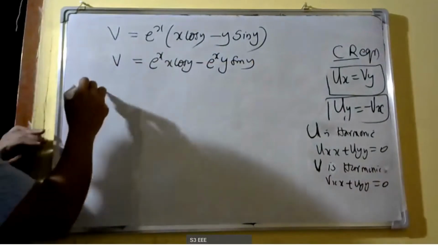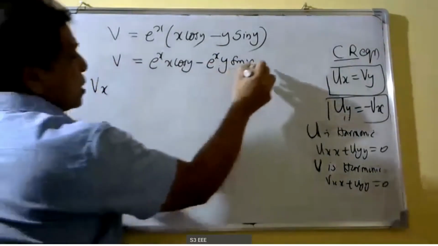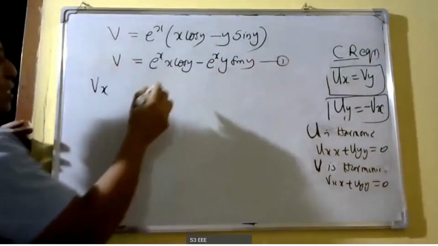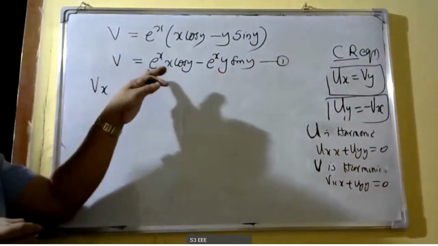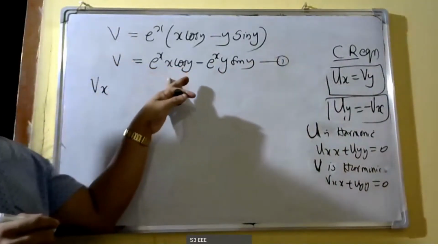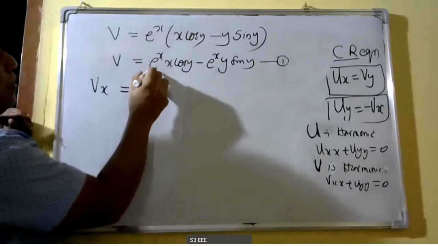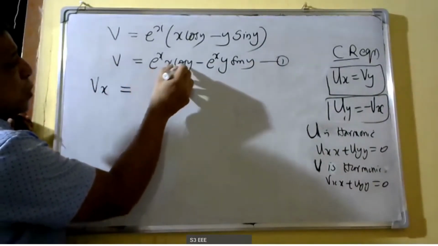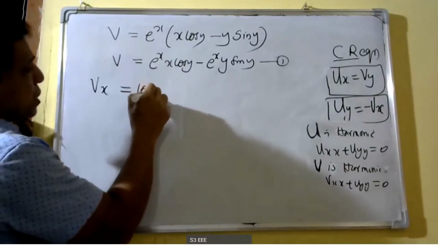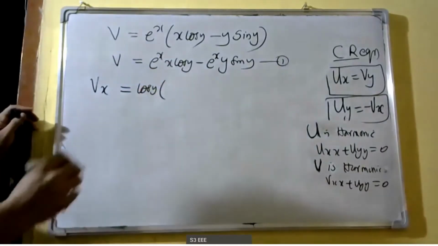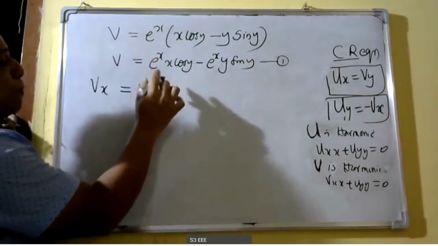Then, take vx. This is equation 1. Partially differentiating this equation with respect to x, we get, when we differentiate e raised to x into x cos y, treat cos y as constant. Then e raised to x into x, we apply the product rule.